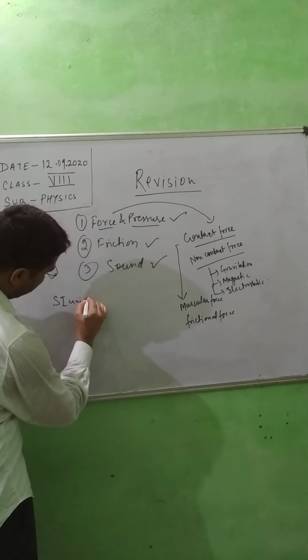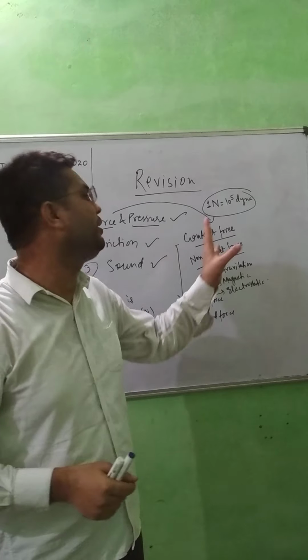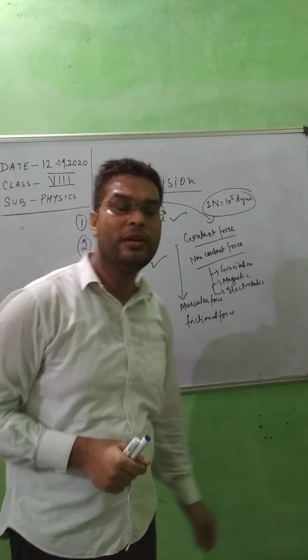Note one thing in mind. If in any exam it is asked to convert dyne into Newton or Newton into dyne, please remember the formula that 1 Newton is equal to 10 to the power 5 dyne.